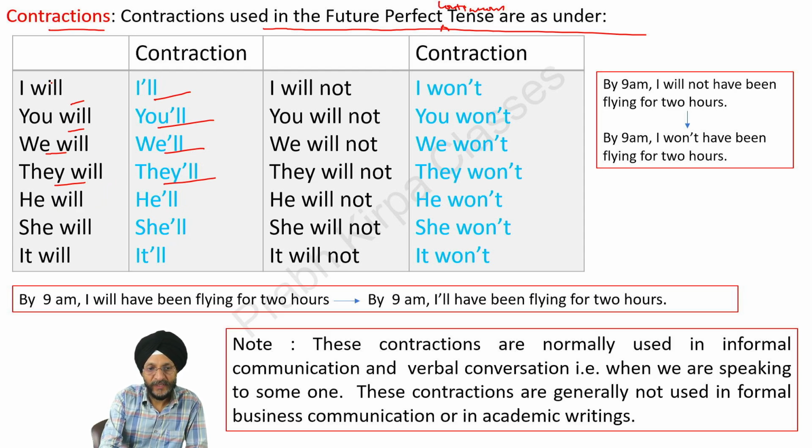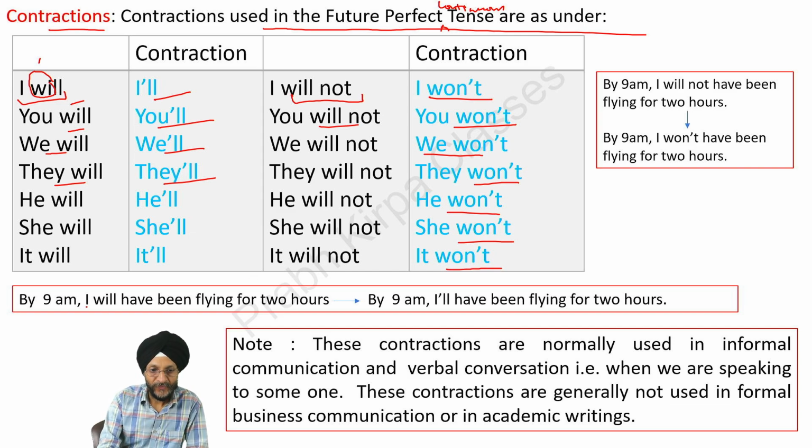You will see that wi has been removed and an apostrophe has been added, and both these two words have been made together. If we talk about the contraction on the negative side, I will not becomes I won't. Will not has been changed to won't. You won't, we won't, they won't, he won't, she won't, it won't.